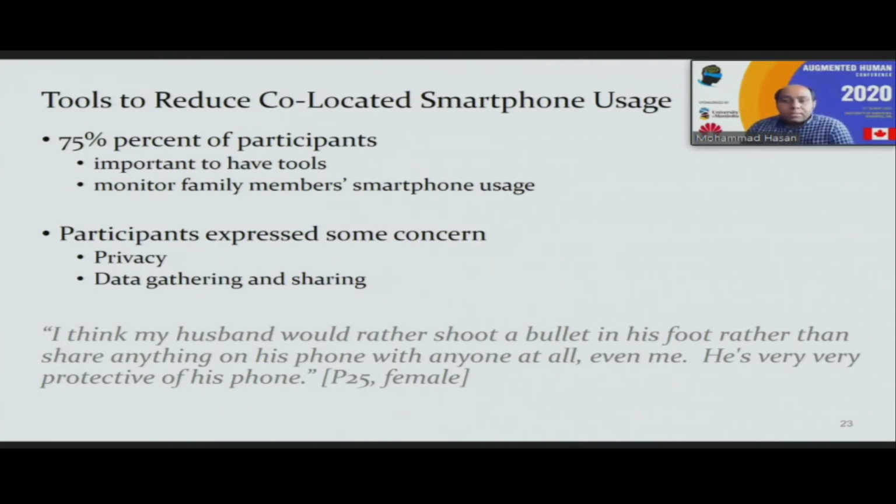Some participants even expressed that this would be extremely helpful to ensure quality time among their family members. However, we also observed that some participants expressed concern regarding privacy issues when using such tools. Especially, they were concerned about how the data would be gathered and shared among family members, as many of them are not comfortable with tools that invade their privacy.